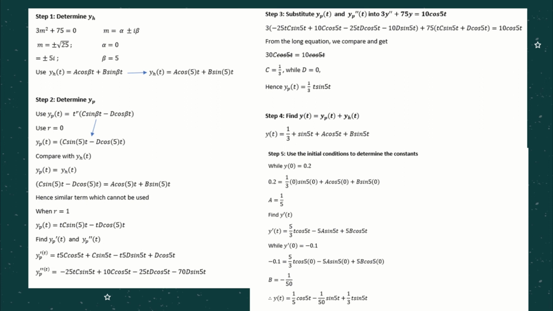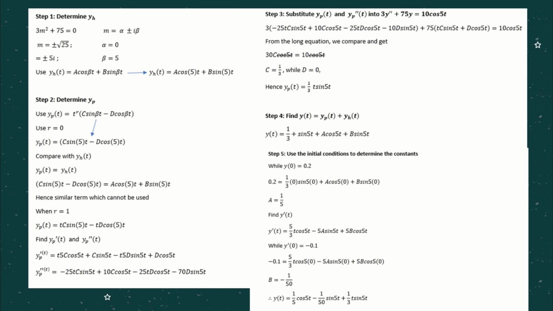Hence, yp is equal to 1 over 3 t sin 5t. In step 4, we need to find y(t), which is yp plus yh. We get y equal to 1 over 3 t sin 5t plus a cos 5t plus b sin 5t.